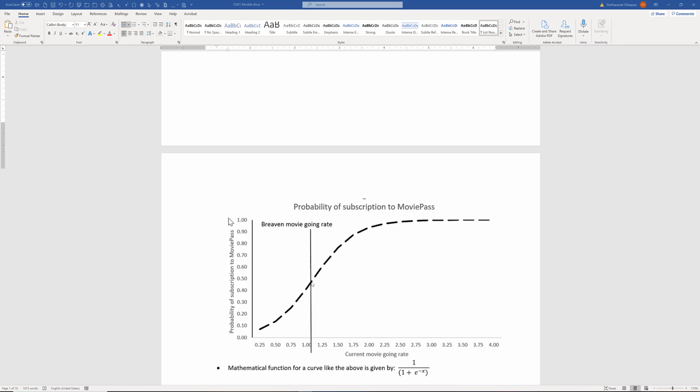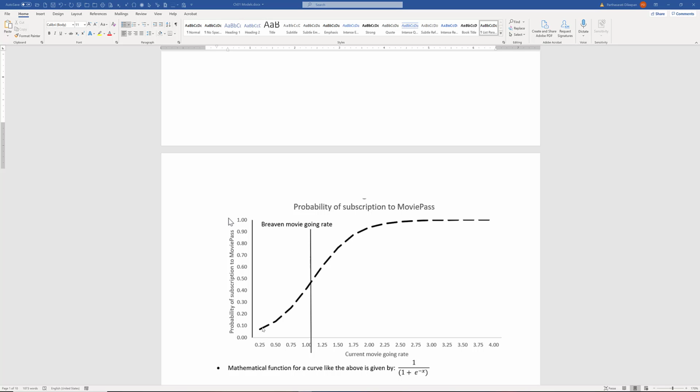But as the movie going rate gets smaller and smaller compared to the break-even, the probability will decline. And it's not going to be 0, because there is a possibility that somebody who goes to a movie once in, I don't know, 3 months or so, may want to start going a couple of movies a month. There's a small probability, but it is not 0.